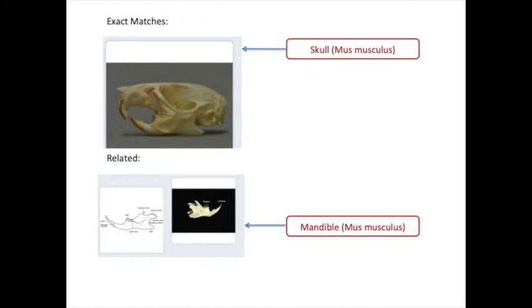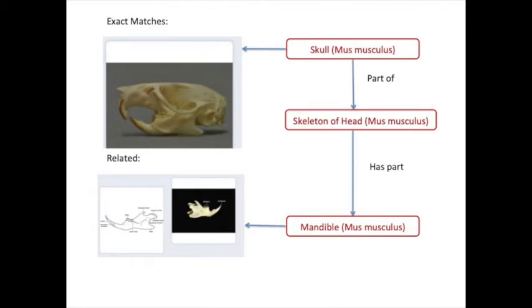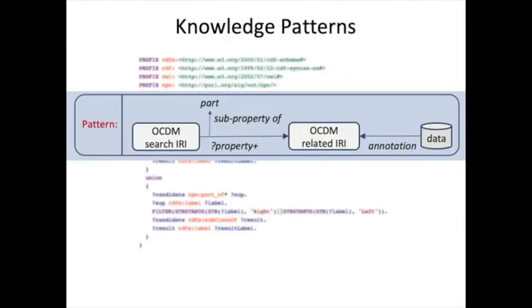And so for that we have the exact matches for images for skull and for mandible. But to relate these two, we can look at the ontology to realize that the skull is part of the skeleton of the head, and the skeleton of the head has part mandible, which I just showed. So what we've done is create what are called knowledge patterns, which are queries to the SPARQL endpoint that basically automate this procedure of navigating and clicking on the different parts.